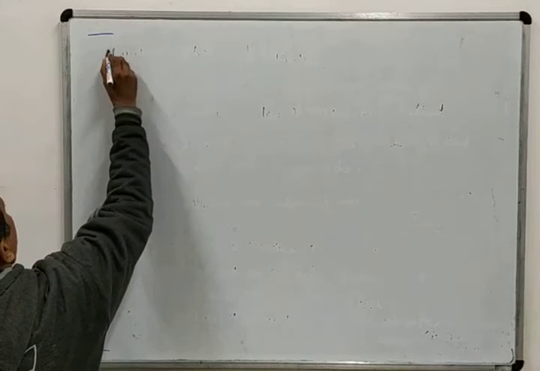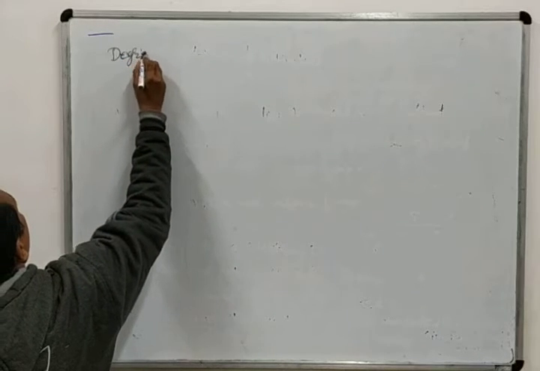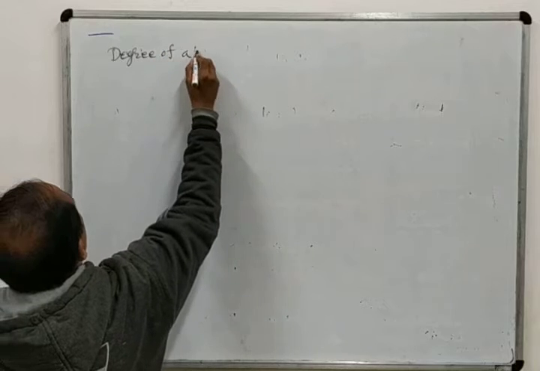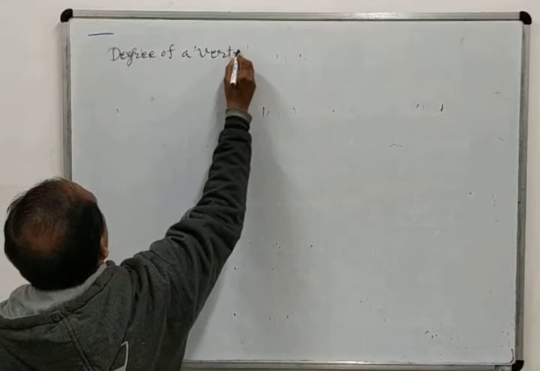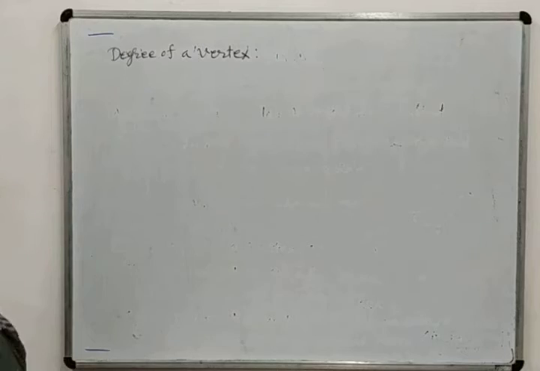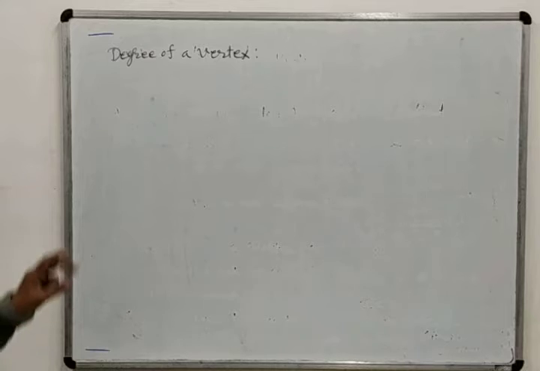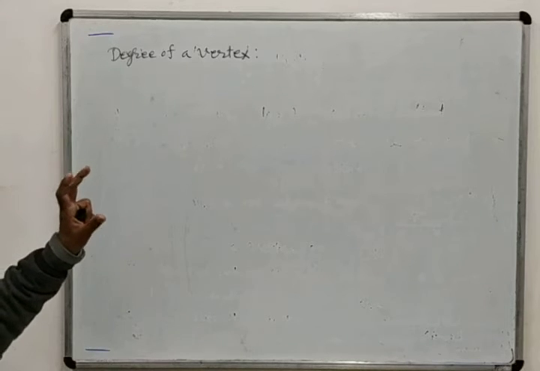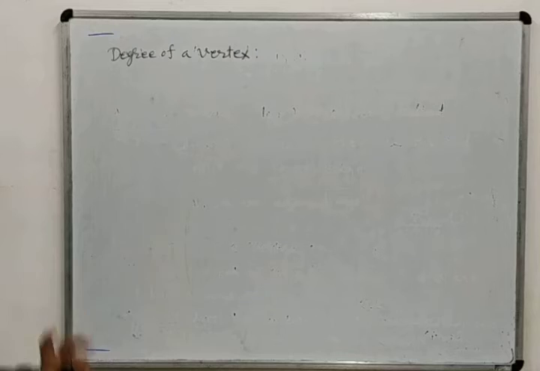Now, let us see another definition: degree of a vertex. Now, this is the main point, and slowly we are going to the main part of graph theory. Degree of a vertex plays a very important role in the study of graph theory.